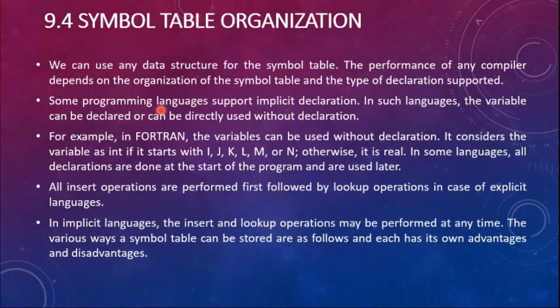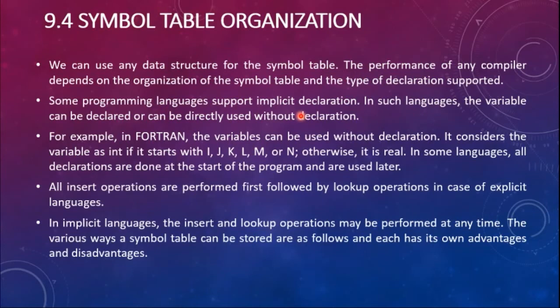Here, some programming languages support implicit declarations and some support explicit declarations. If a programming language supports implicit declaration, then in that language variables can be used directly without declaration.